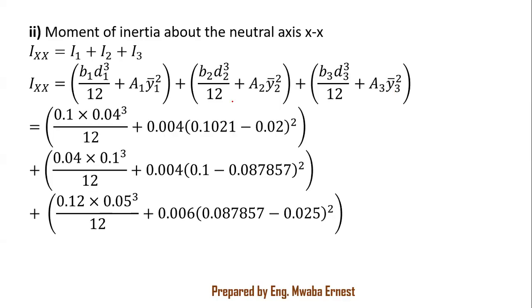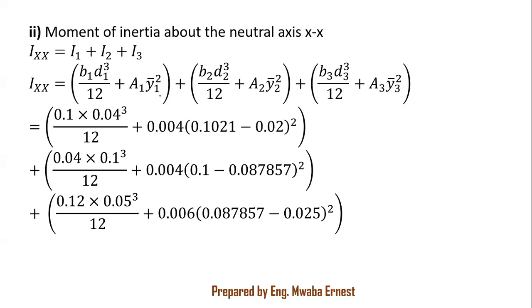Let's start with the first one. B is 0.1, D is 0.04, cubed, over 12, plus A1, area 1, which is 0.04, times y1. But y1 is the distance between the centroid for this shape and the overall centroid.